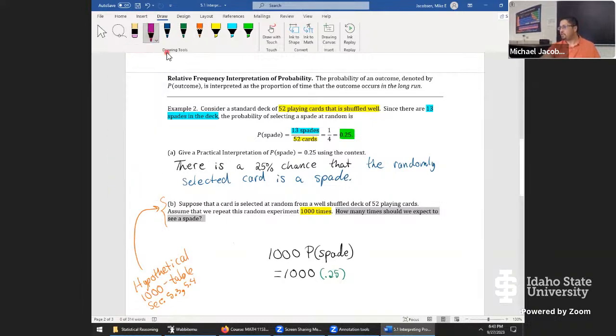If we're doing interpretations, percentages are great right here. But if we're doing a computation, we must have the decimal form. If we put this in as 25%, literally, we would not have gotten the right value. So use decimals for computation.